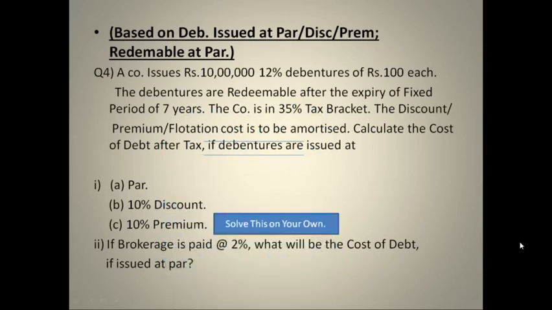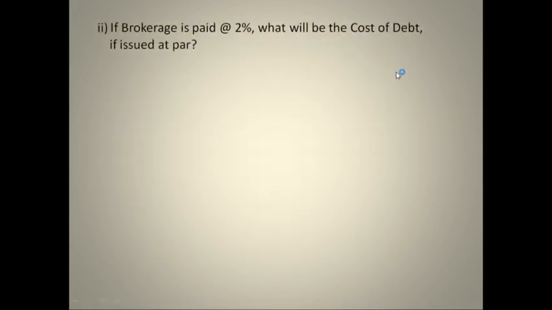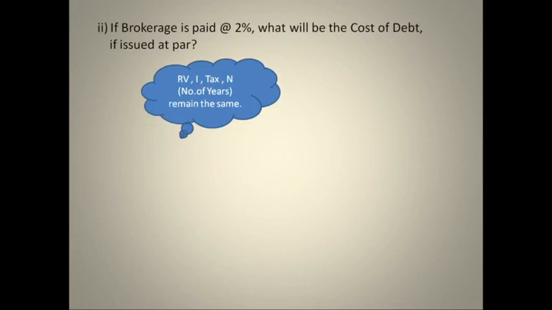Read the first part of this question, where they were saying that the debentures with face value of rupees 100 each are redeemable after the expiry period of 7 years. But they are not giving any information whether these debentures are redeemable at a premium or discounted rate, which automatically implies that those debentures are redeemable at par value, which is nothing but rupees 100, and therefore the redeemable value will remain rupees 100 itself.